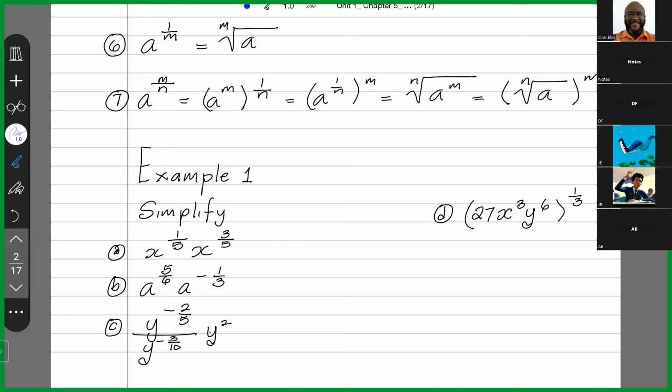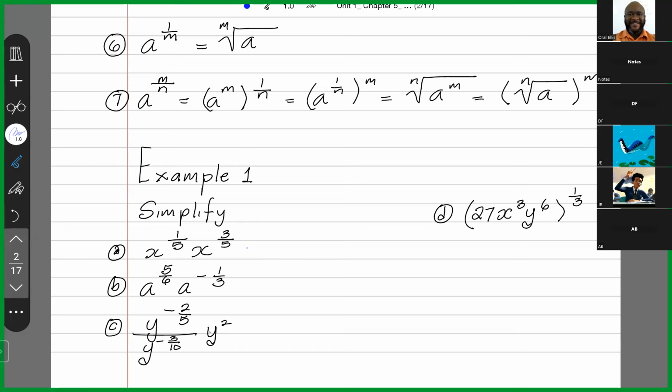All right, so example A is asking us to simplify x to the 1/5 multiplied by x to the 3/5. According to the first law of indices, if we're multiplying and the base is the same, we should add the indices.